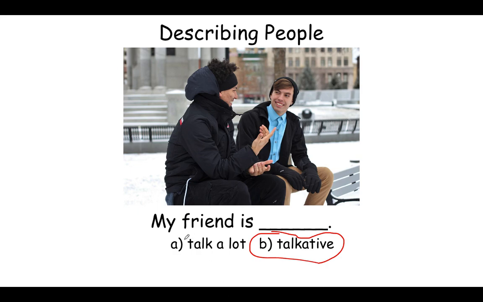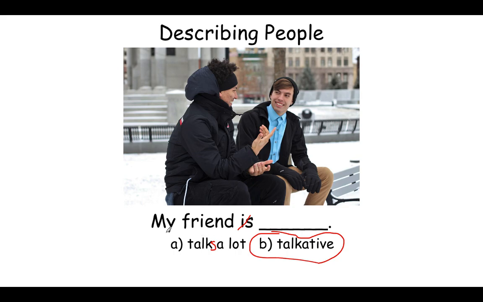The reason you can't say my friend is talk a lot is because it's not the correct tense. You could get rid of the is, and say my friend talks a lot. That's how you would say it properly in English.